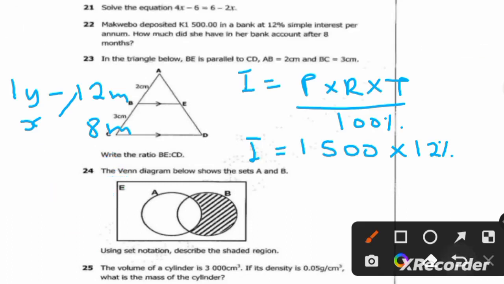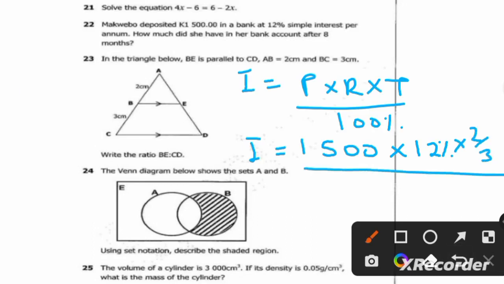Okay. So where there is time, we are going to write 2 over 3 over 100%. So this percent and this percent will cancel.